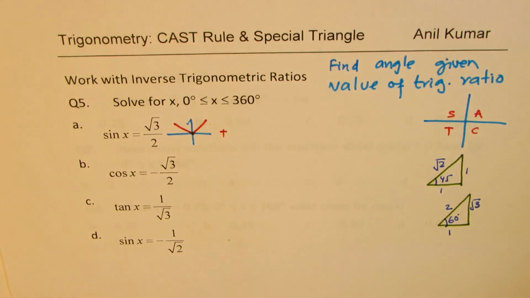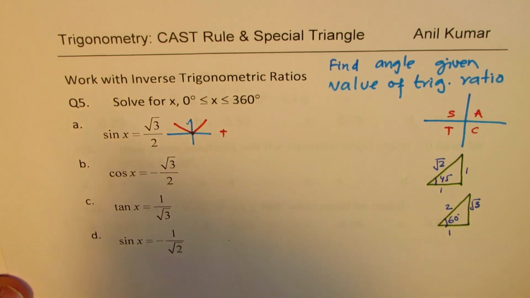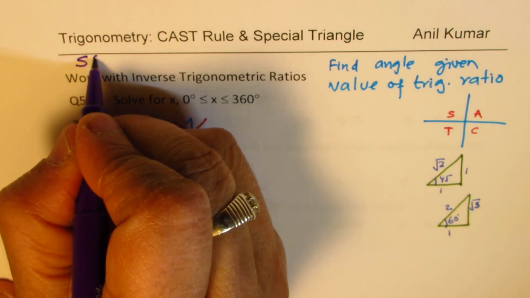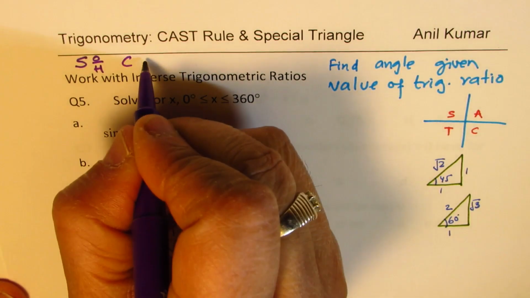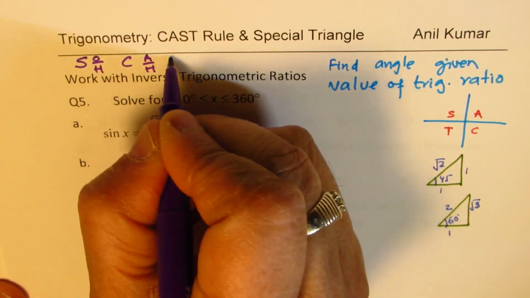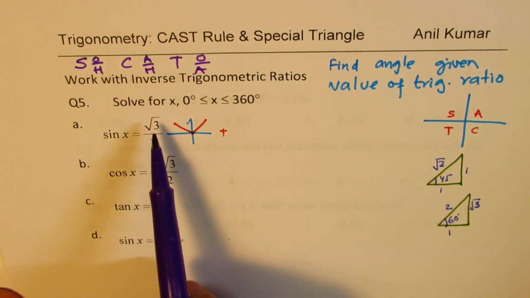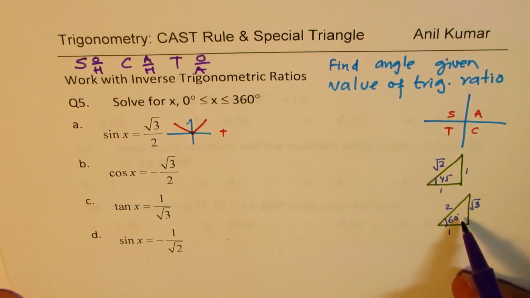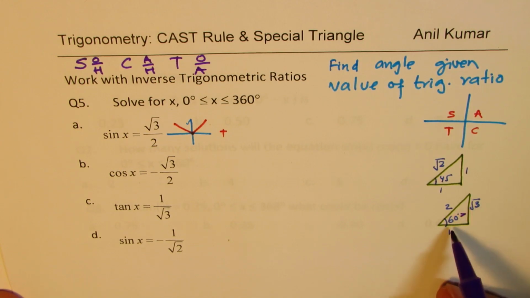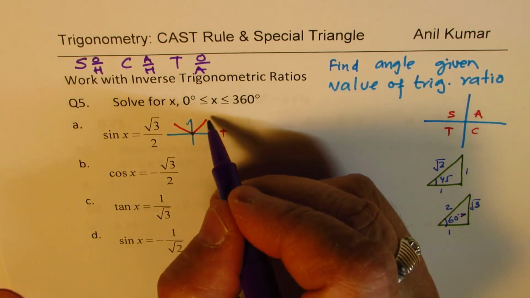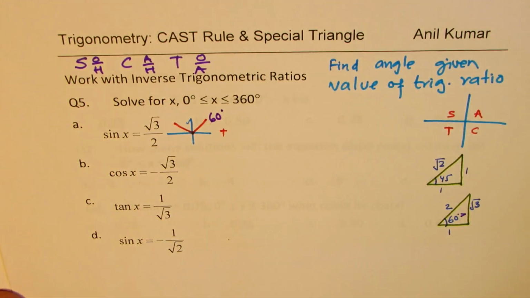But how do I relate sine, cosine and tan? Well, we learn SOHCAHTOA. Sine is the ratio of opposite over hypotenuse, cosine is adjacent over hypotenuse, tan is opposite over adjacent. So sine is square root 3. We are looking for opposite, so we are looking from here, right? So angle 60 degrees. So we get 60 degrees as our answer.